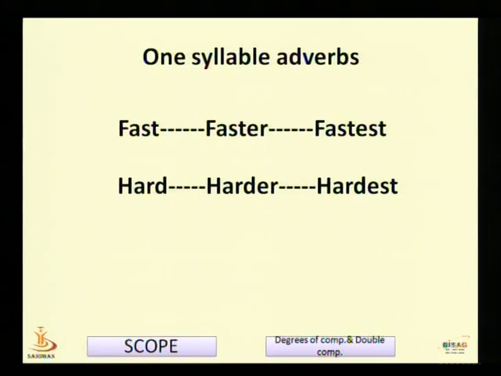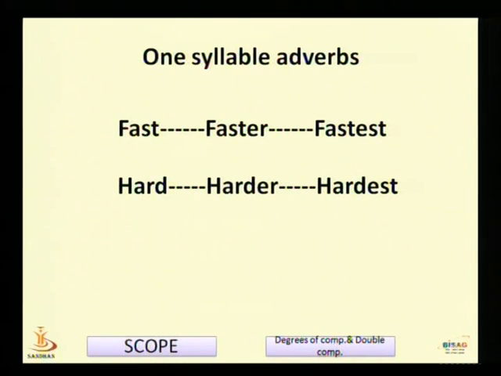One syllable adverbs. Examples are there: fast, faster, fastest, hard, harder, hardest. Here we see these two examples. They take er and est to form comparative and superlative degree.